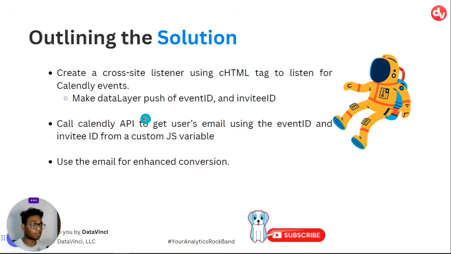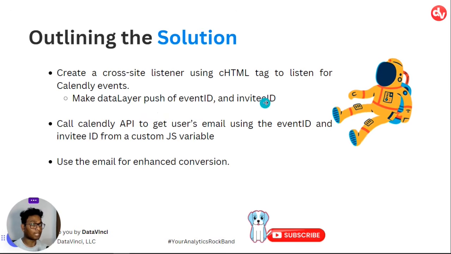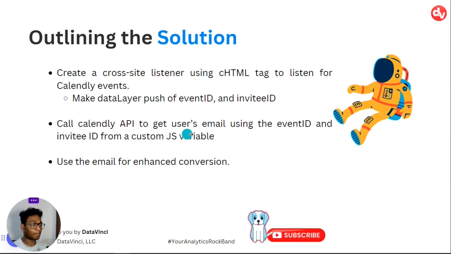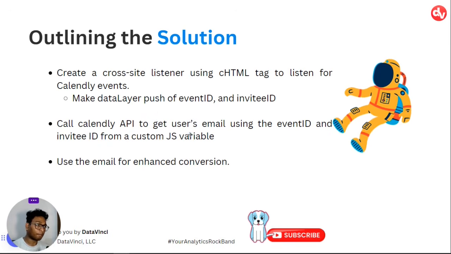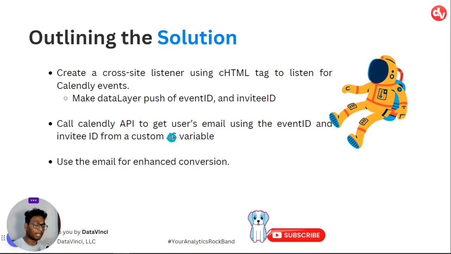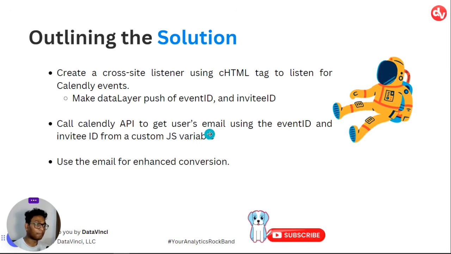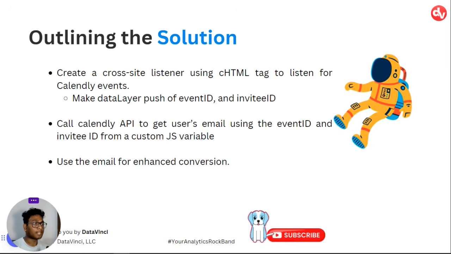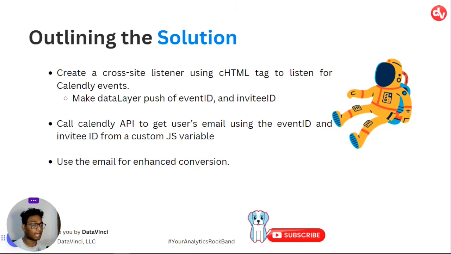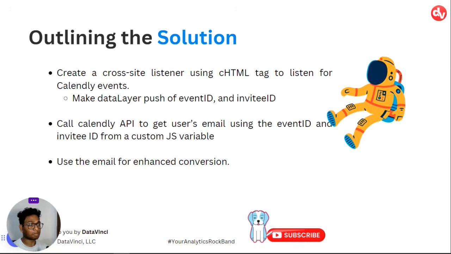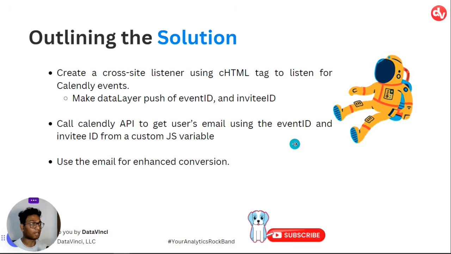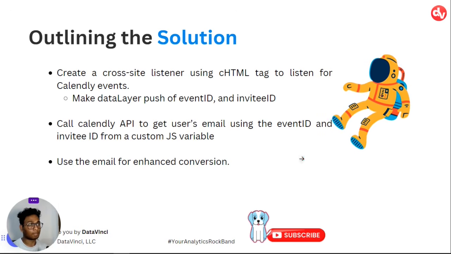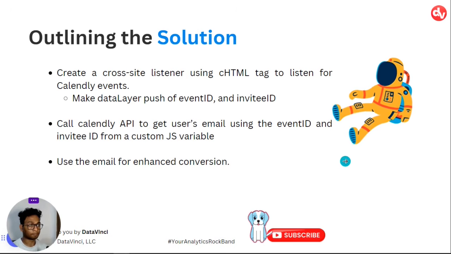Once we have a data layer push of the event ID and invitee ID, we would use that data to call the Calendly API, and we would call a method from the Calendly API which will return the user's email associated with that particular event ID and invitee ID. And once that email is returned to us by the Calendly API, we can simply use that email for our enhanced conversion tag. So that is how this three-step process works.